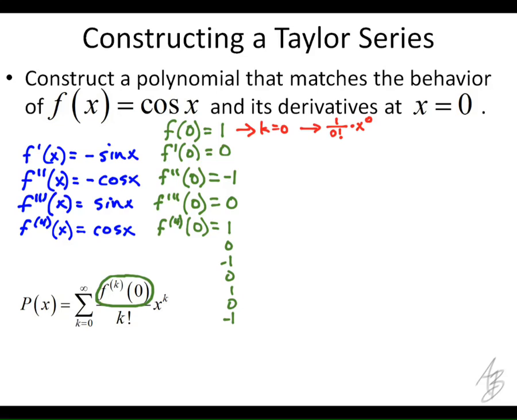So what we end up with here is just 1. So our first term is going to be 1. And this makes sense because what is the value of cosine at 0? 1, right? So since the value of cosine at 0 is 1, it would make sense for our first term to be 1. Because if I put 0 into this polynomial, every other term is going to drop out.